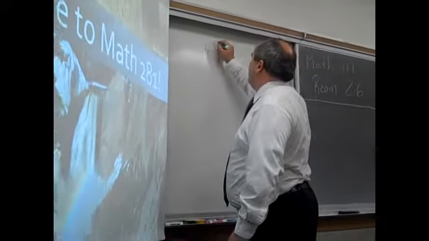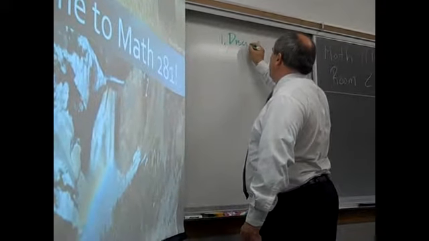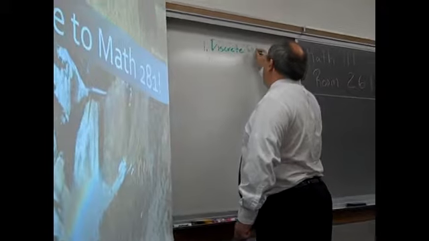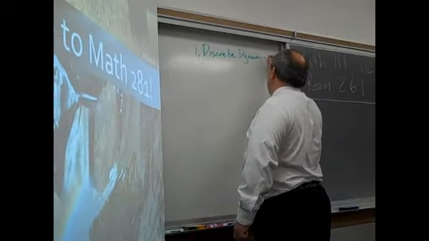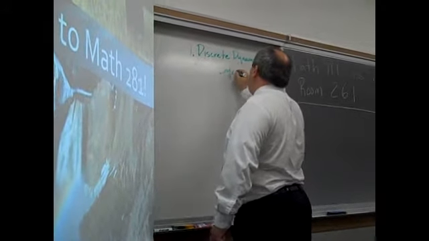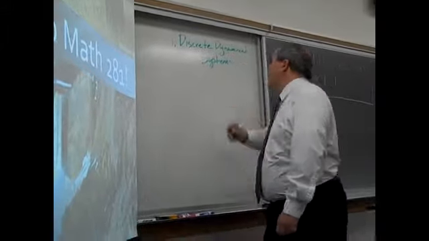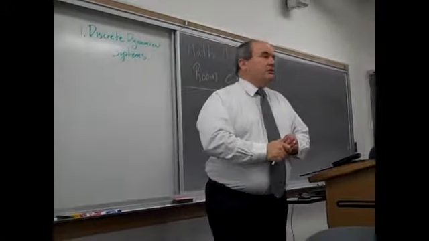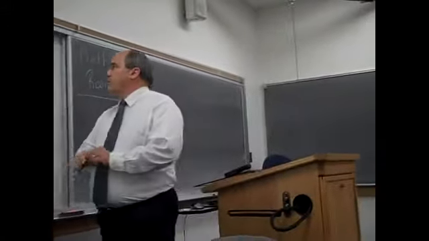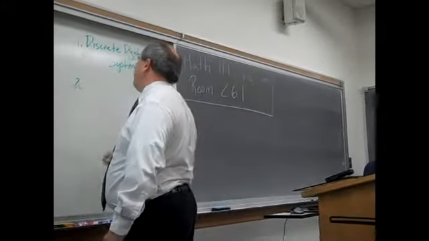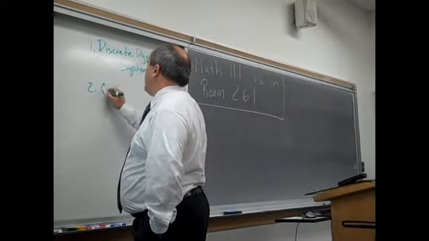First one we're going to be looking at are what are known as discrete dynamical systems. So we'll be spending a few weeks taking a look at those. Then we will move on and take a look at graph theory.